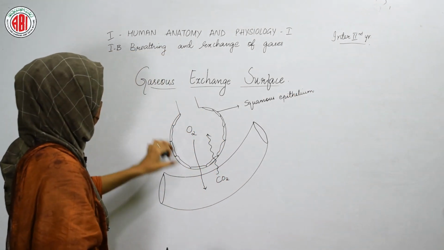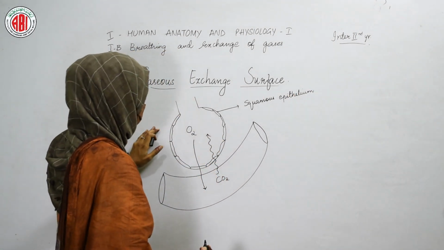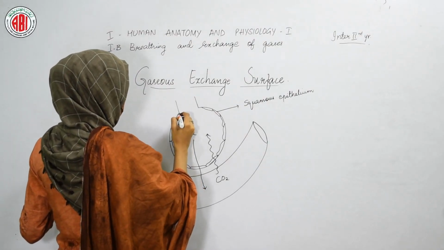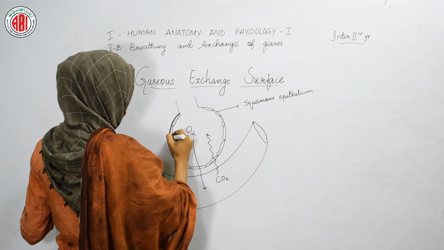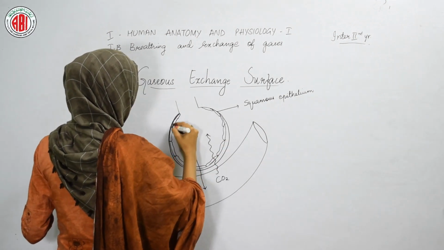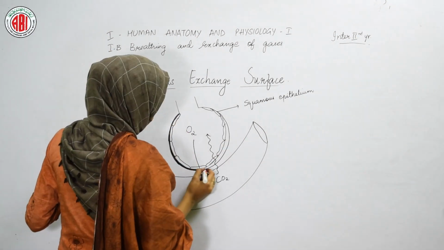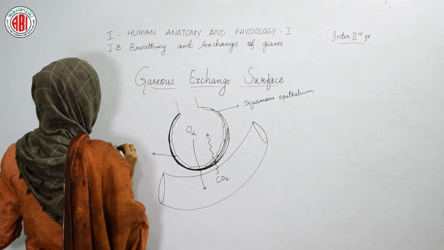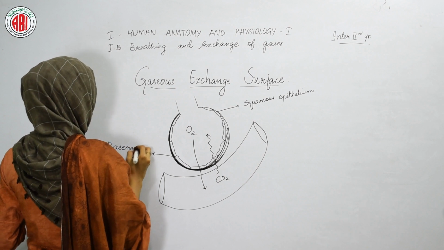Squamous epithelial cells are arranged at the wall of the alveolus, and at this wall again a membranous structure is present like this. A membrane is present at the wall of the alveoli. This membrane is named the basement membrane.